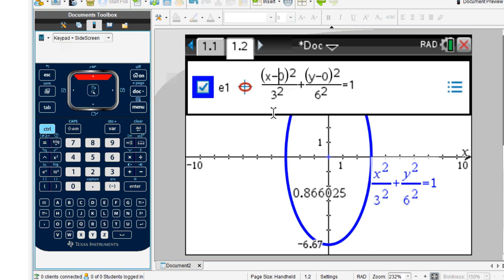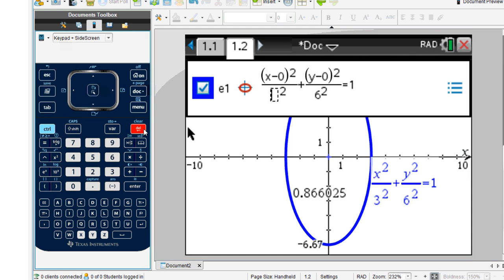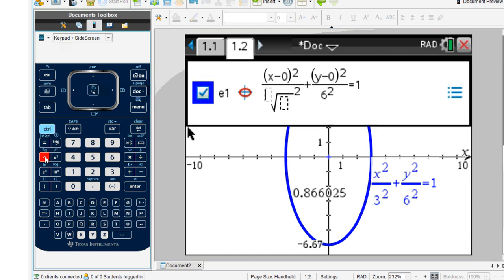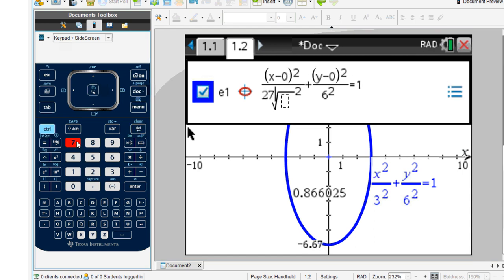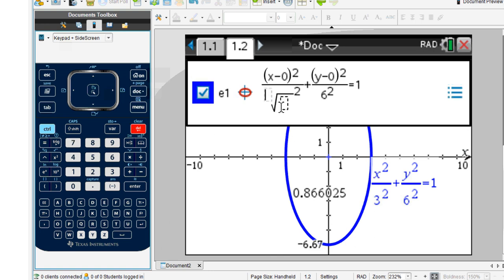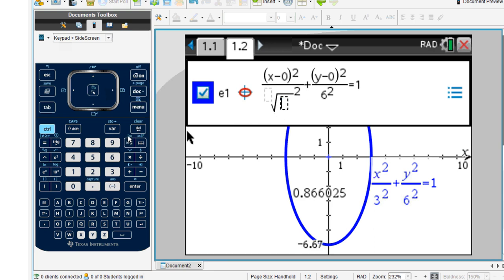To do that, we're going to have x squared over 27. So let's just say we have to put here square root of 27, because 27 is not a perfect square. Oops, that's not what I wanted. I want 27 in here.